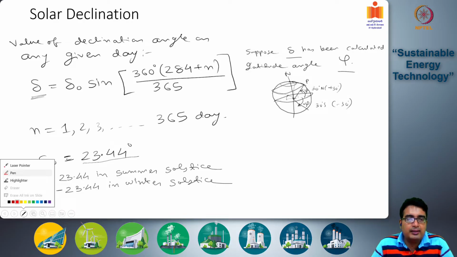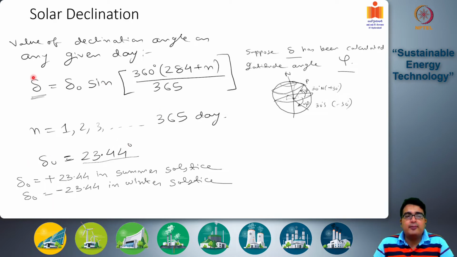And the definition and the equation for this declination angle was given by this expression here, where delta 0 was 23.44 degrees, and this is sine of 360 degrees into (284 plus n) by 365, where n is the number of days in the year, the day number of the day.